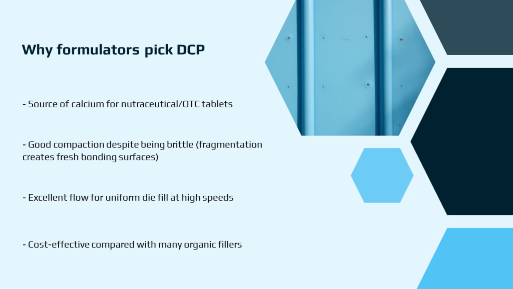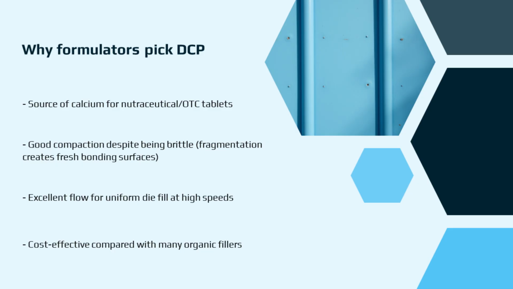Dibasic calcium phosphate is widely chosen by formulators for several practical and performance-related reasons. It serves as an additional source of calcium, making it highly suitable for nutraceutical and over-the-counter supplement tablets. Despite its brittle nature, DCP provides good compaction properties, since its fragmentation during compression creates new bonding surfaces that enhance tablet strength.